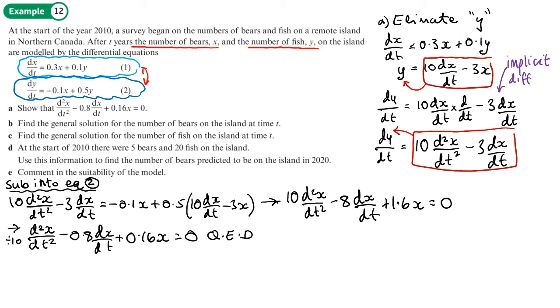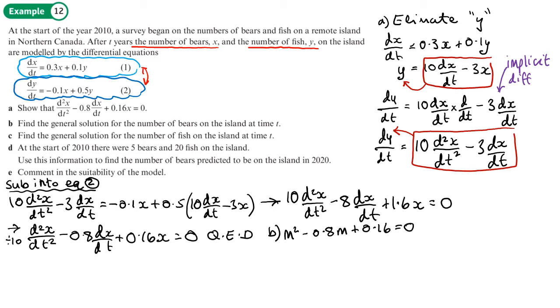So since this is equal to 0, then we don't need the complementary function or anything like that, just the auxiliary equation. So the auxiliary equation is going to be m squared minus 0.8m plus 0.16 equals 0.